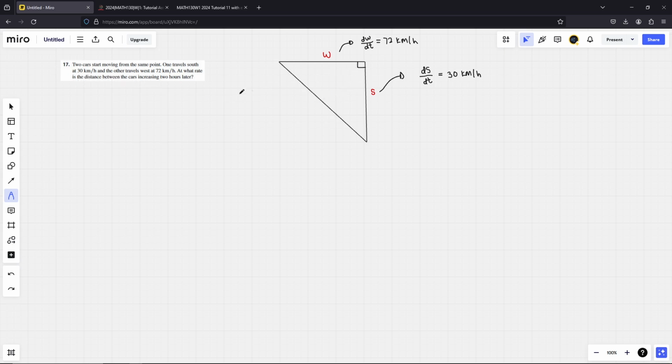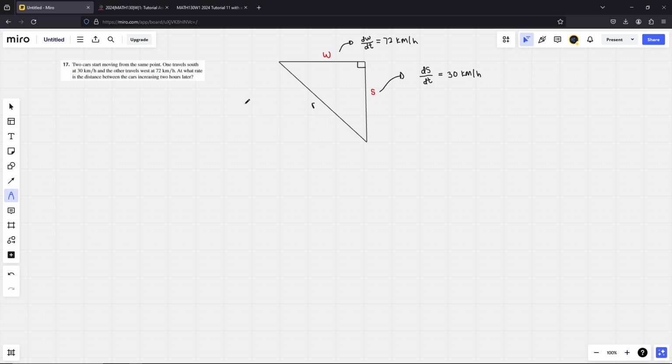So the distance between the cars is going to be this distance, because if they start at this point, then as time goes on it's increasing and increasing. And let's suppose that at this time it's 2 hours later, so let's just say we want to know this distance. Let's call it r. We want to know at what rate is r changing 2 hours later.